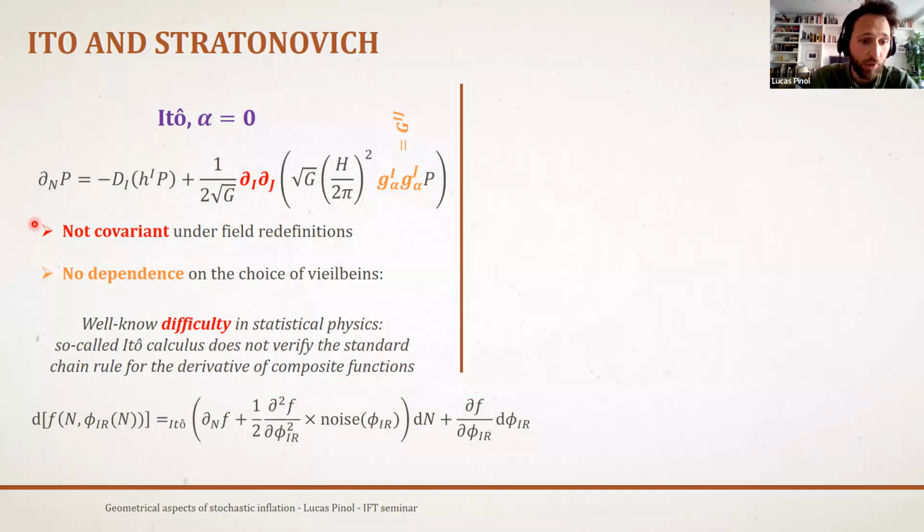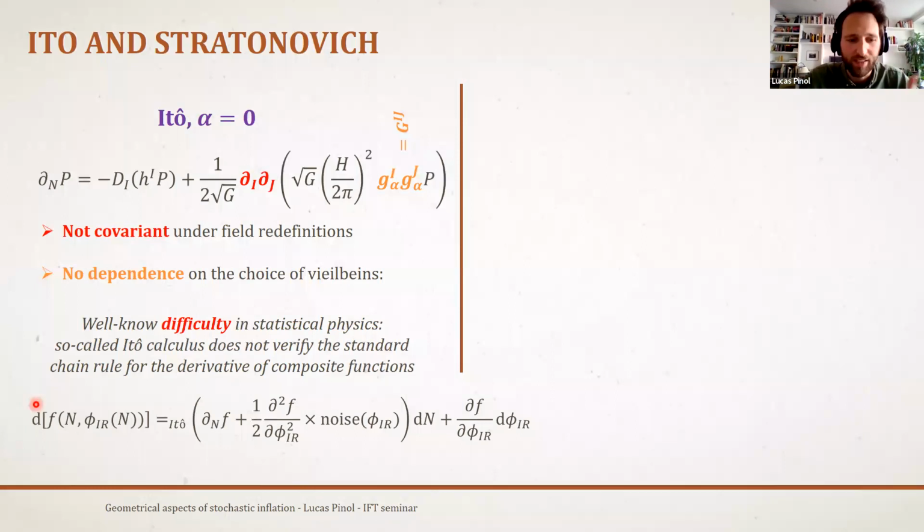Let me just mention that the lack of covariance in the Ito prescription is something that people from statistical physics would expect, because there is a whole area of calculus called Ito calculus, which is a generalization of the usual rules of differentiation of functions when you have stochastic processes and when you are using the Ito prescription.